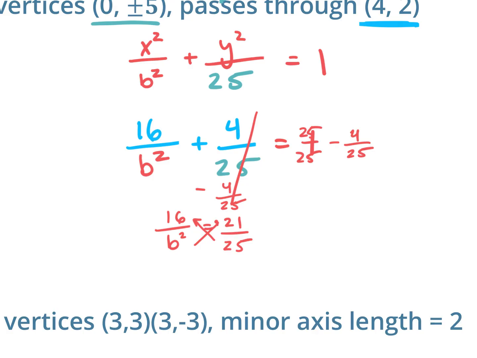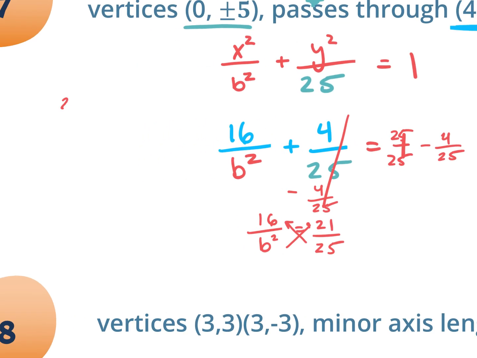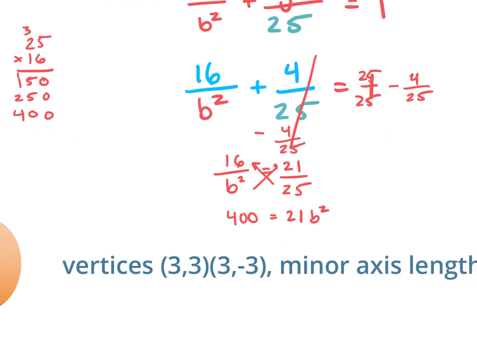So we have 16 times 25. I'm going to do that on the side over here. So that would be 400. Is equal to 21 B squared. Divide both sides by 21. So B squared equals 400 over 21.